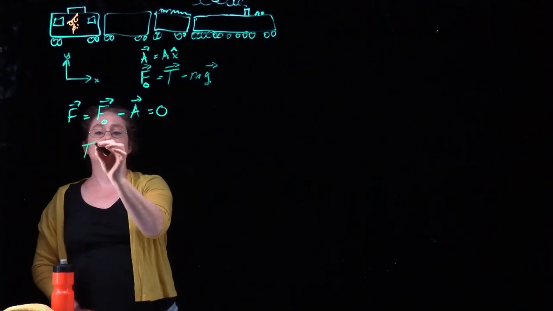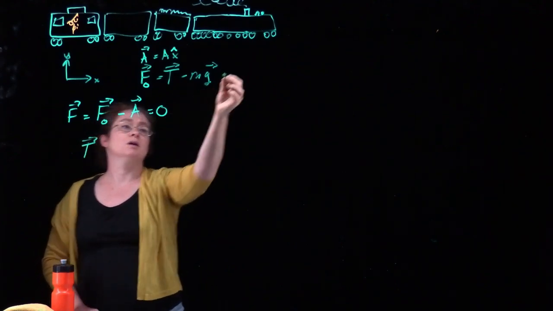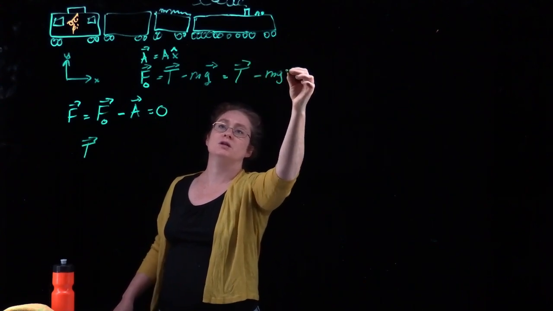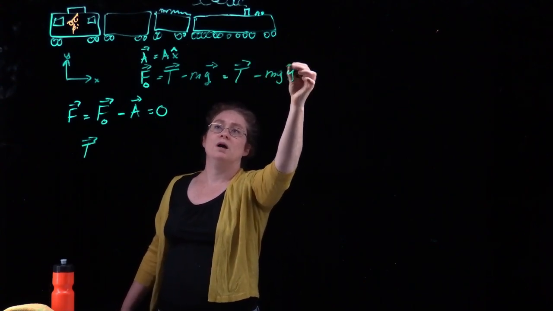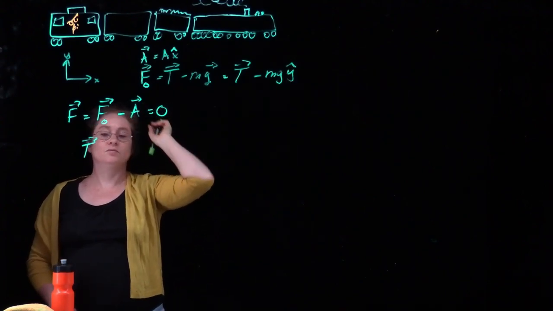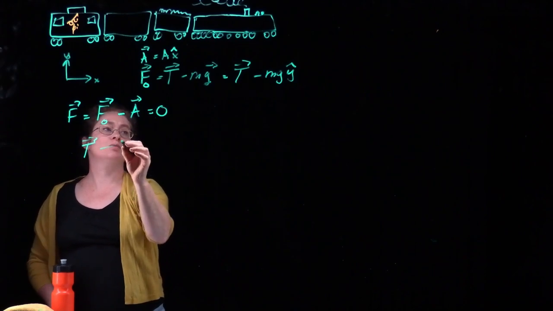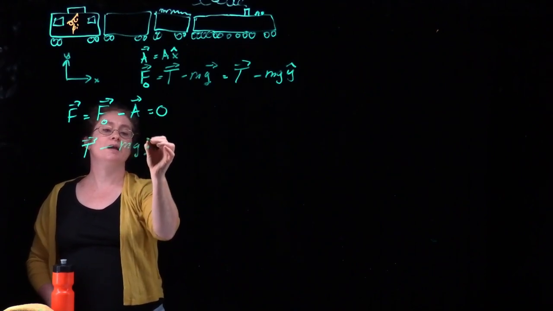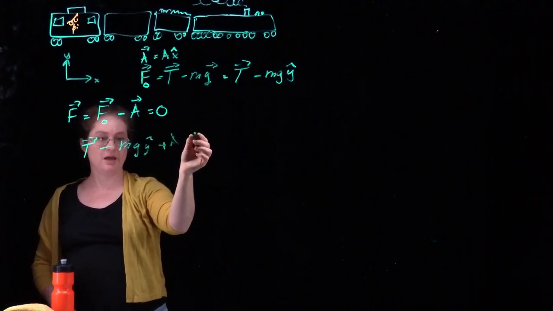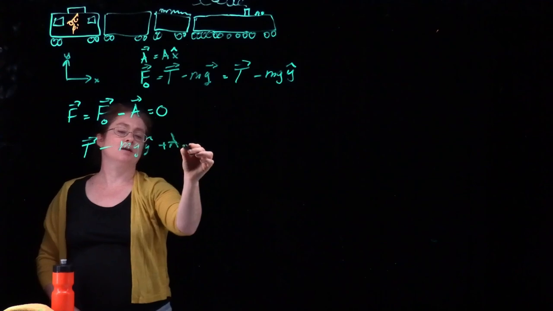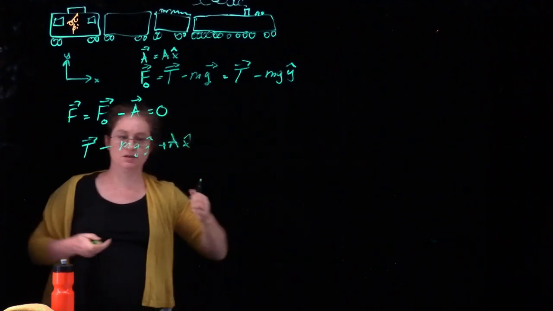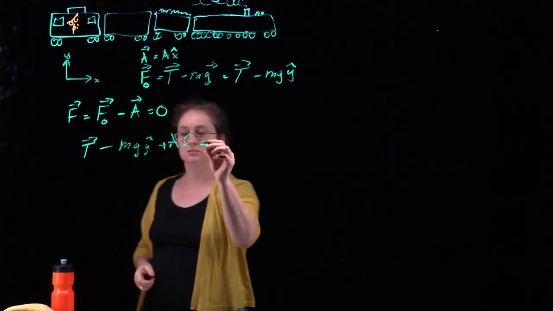And then we can ask, what is the tension in the string? So we have the tension, and this we can write as tension minus mg y hat, plus ma x hat is equal to 0.